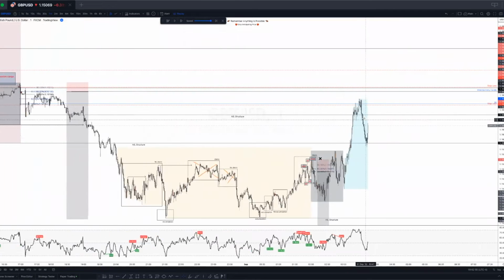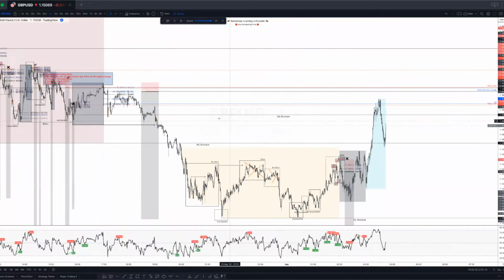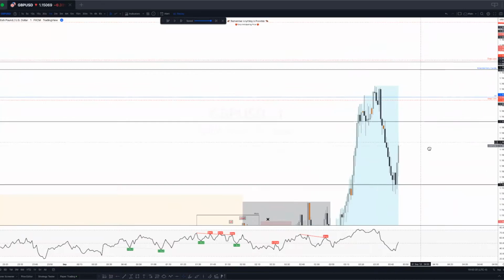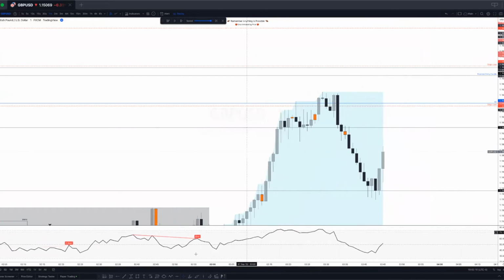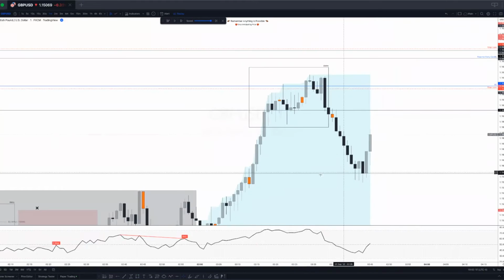So price almost tapped me in. Price came up to the doggone 50% of the structure block, right? It started to show weakness, started to distribute. We are at 50%. Why would you not take it? This is a clean distro. Clean distro.